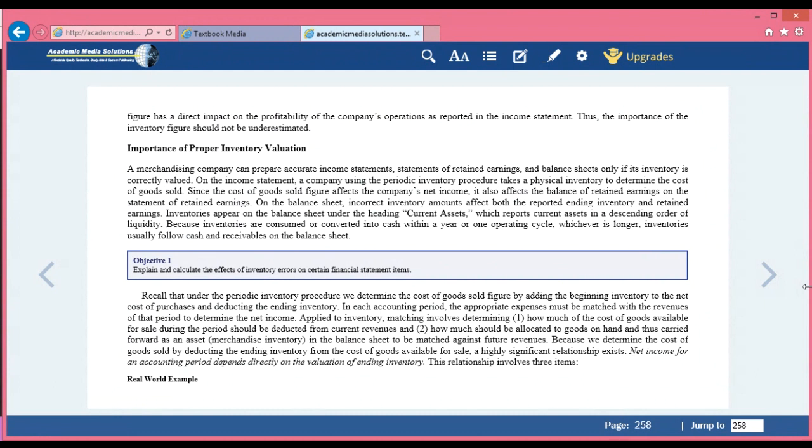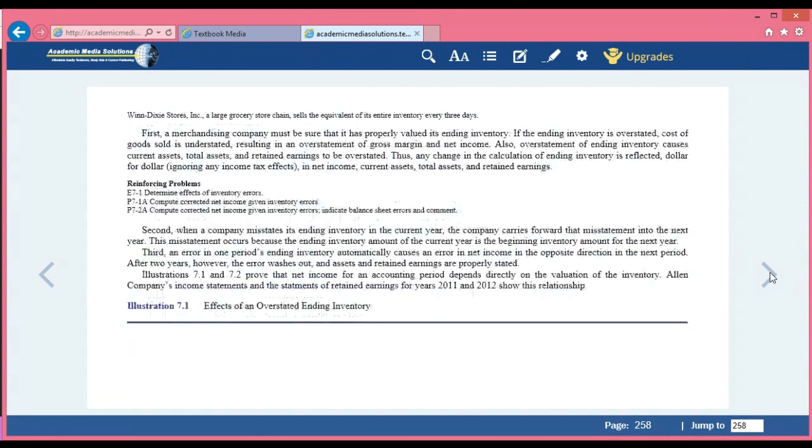Historically, there have been a lot of really large inventory fraud cases. Dunkin' Donuts was one. Verizon, I think, was another. And that's going to be your next group project, to research an inventory fraud case and put it in the discussion board. But anyway, do read through the importance of proper inventory valuation.